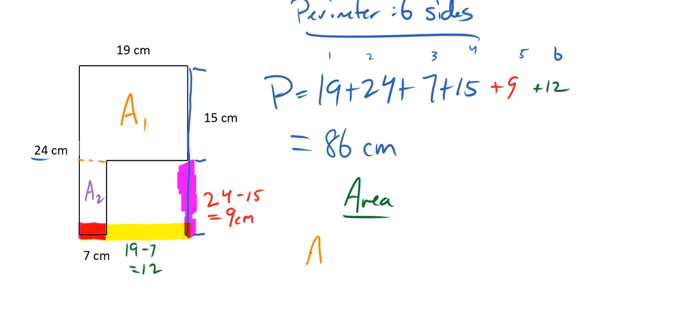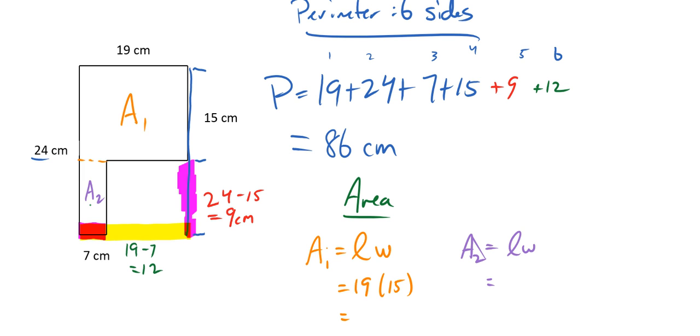And I'm going to go area 1 is length times width. The length is 19. The width is 15. We'll figure that out. And area 2 is length times width because it's a rectangle as well. If it was a different shape, I'd use the other formula. And what's the length and the width of area 2?